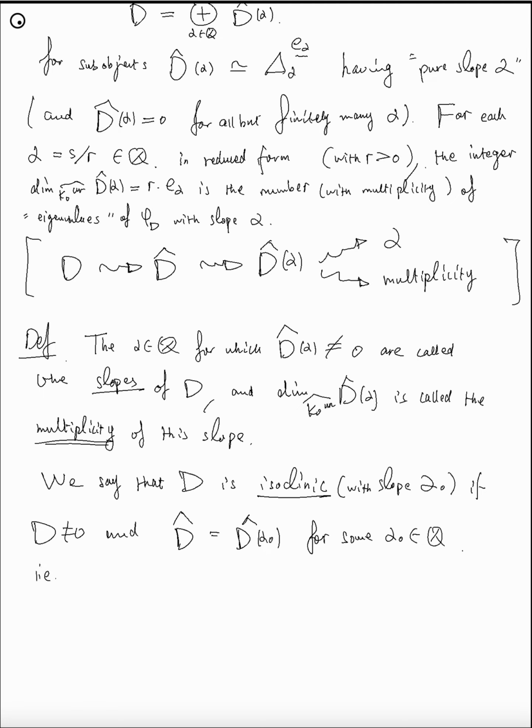In other words, it's called isoclinic if it's very simple, in the sense that D hat is isomorphic to just this triangle alpha 0 raised to the power e for some e.